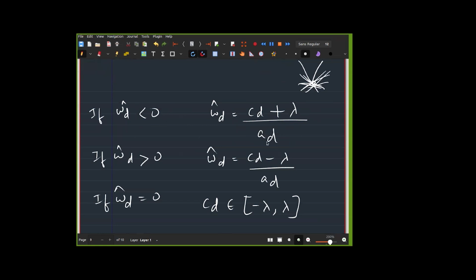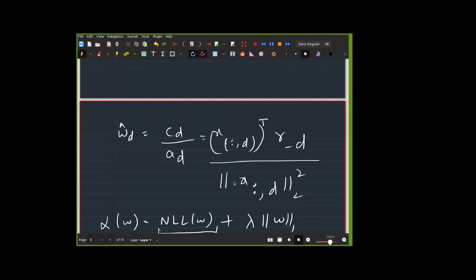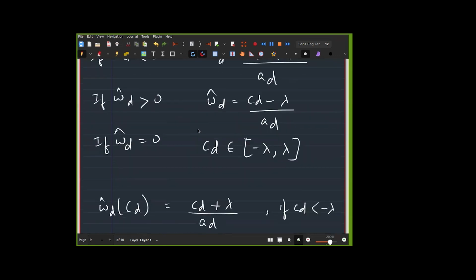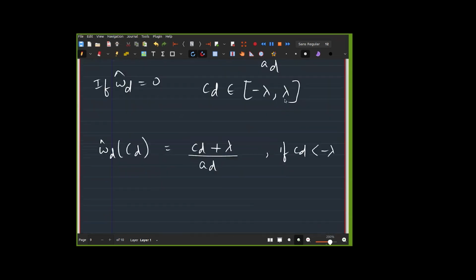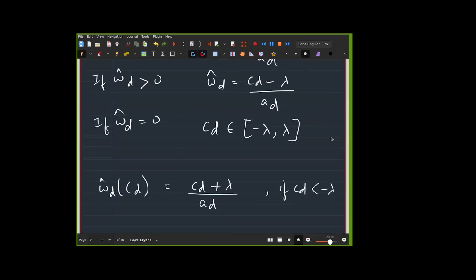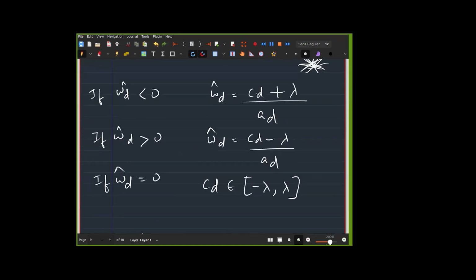AD was just a norm squared, so it is a positive quantity. So CD is the only one which could go positive, negative, or 0. Because of that, if WD is less than 0, then the numerator should be less than 0. That's how I can say that CD is less than minus lambda, because the numerator should be less than 0, right? Similarly, the numerator should be greater than 0. That's how I can say that CD is greater than lambda.